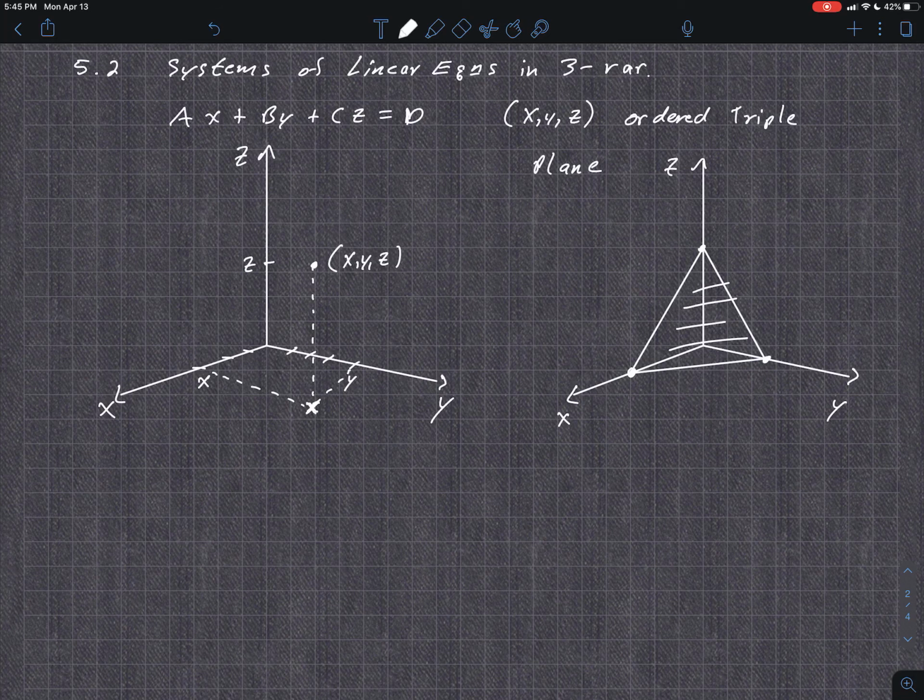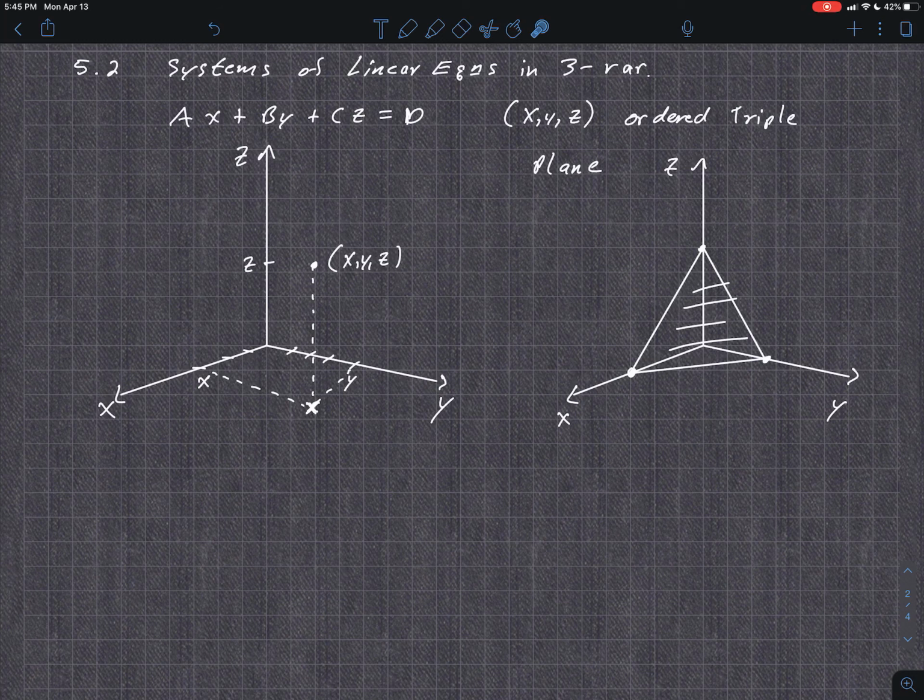So that's your plane, but of course it goes off out here and everywhere. Just look around the room, your computer, your desk, your ceiling, all those are planes that go out, and you picture those going off to infinity. So that's what they represent.